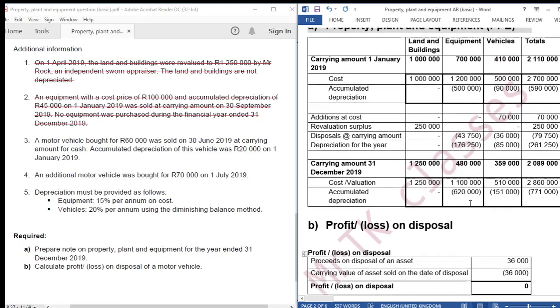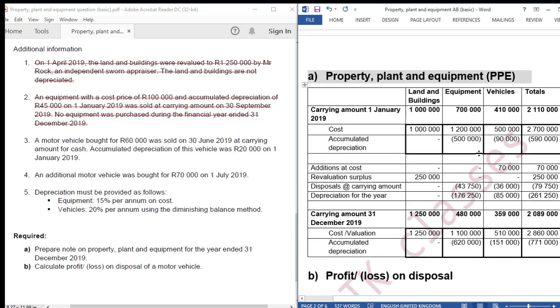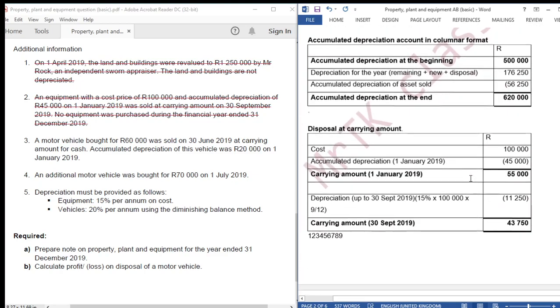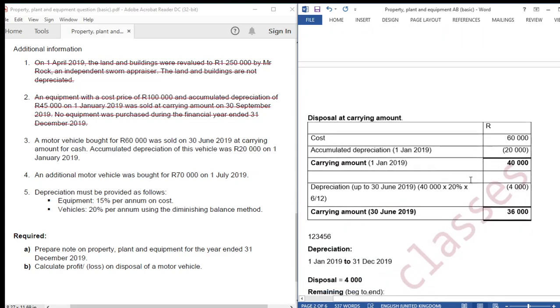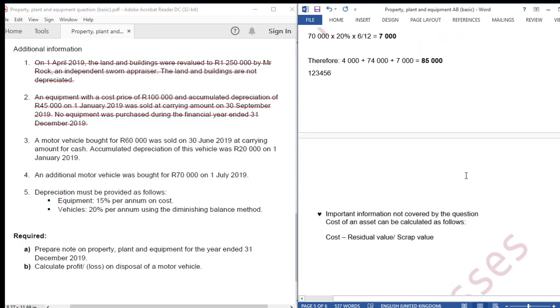So this is how the property, plant and equipment note is prepared. Then we also have this down here. This is very important. Important information not covered by the question: cost of an asset can be calculated as follows. Cost subtract residual value or scrap value. You will see other questions that have this, that you have to use this. Thank you.